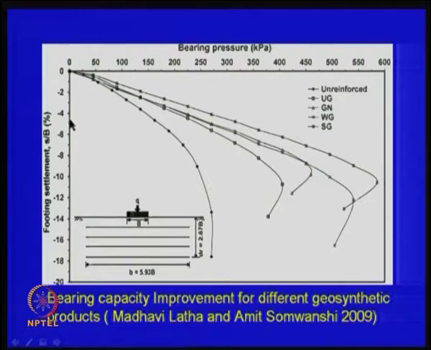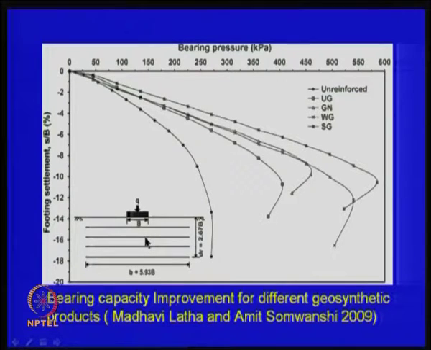You can see that at the same settlement, like say footing settlement of about 2%, 4%, the load here is maybe 150 here or 140 here, but when you put some sort of reinforcement, it went to as high as 250. This is in a simple plate load test like this, where you apply some load and you have a foundation size, say for example, in a laboratory scale. Actually, this is a laboratory result.